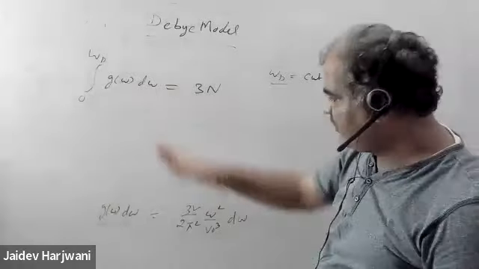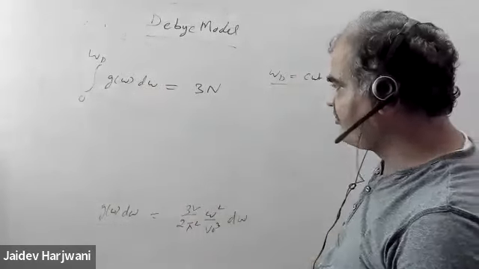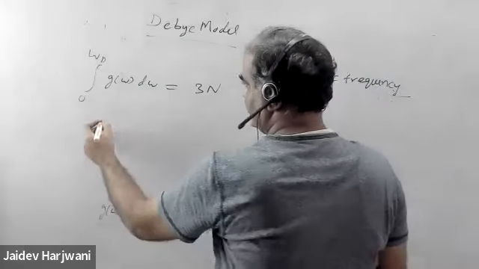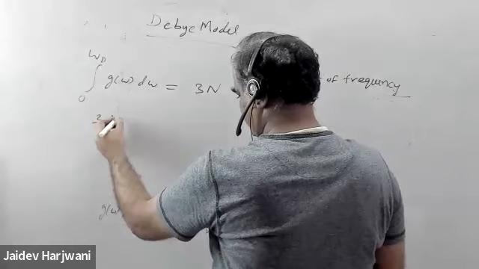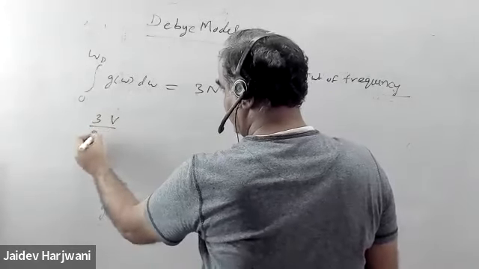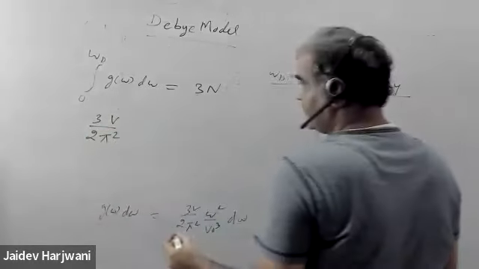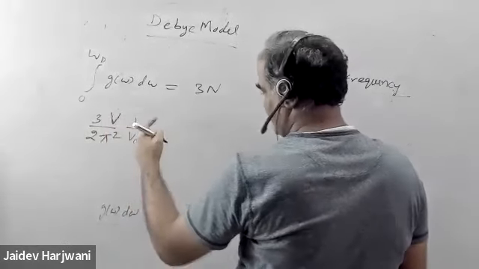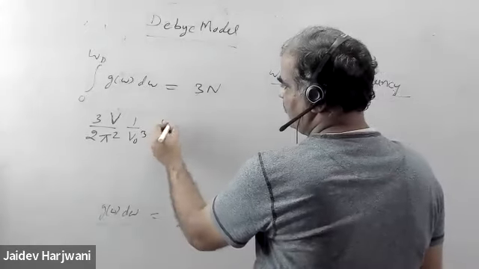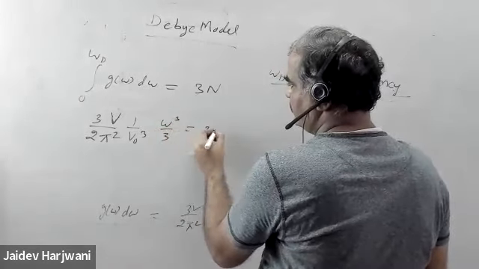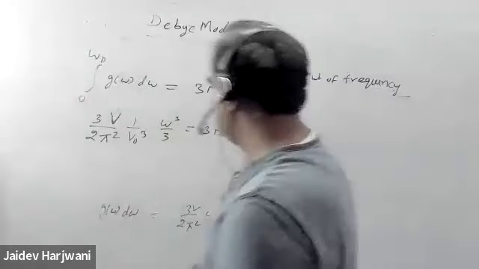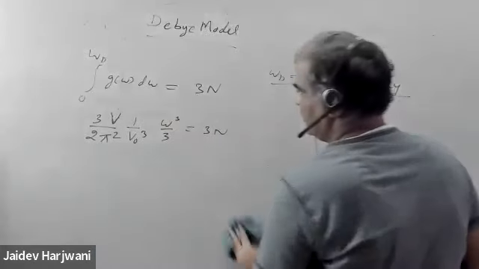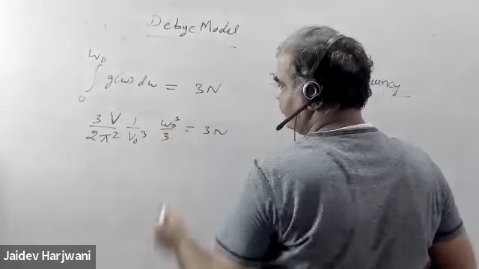Now put these values in and calculate the Debye cutoff frequency formula. If I put this value here, I get 3V upon 2 pi square, and 1 upon v_0 cube is constant. If I integrate this, it gives omega_D cube upon 3, equal to 3N. This is my Debye frequency cube.